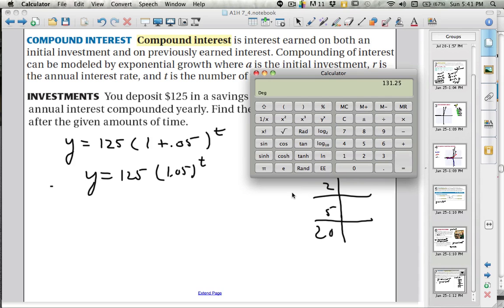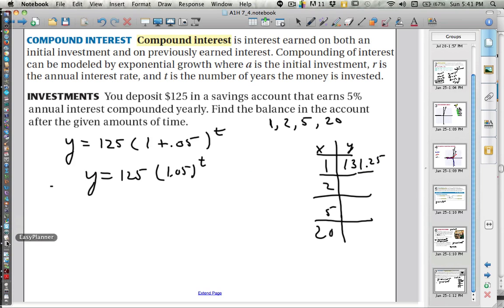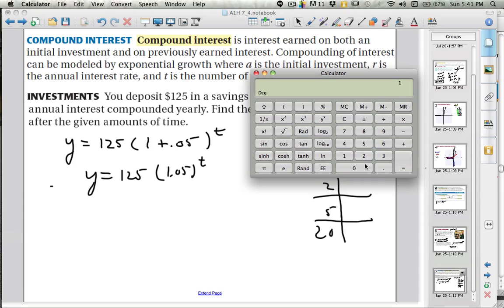And that's 131.25. When time is 2 years, I'll have 1.05 squared times 125, 137.81.